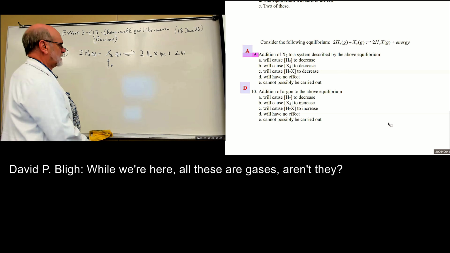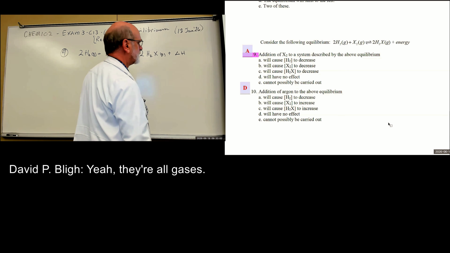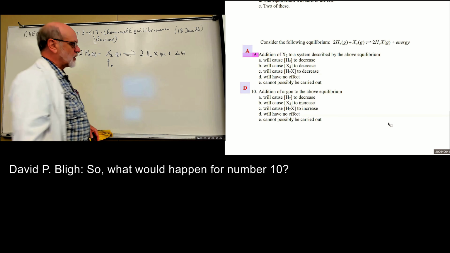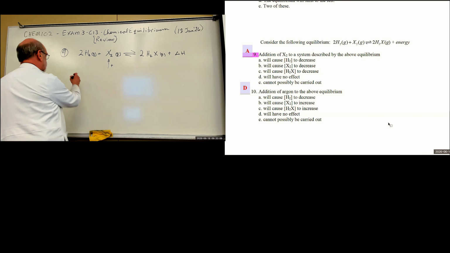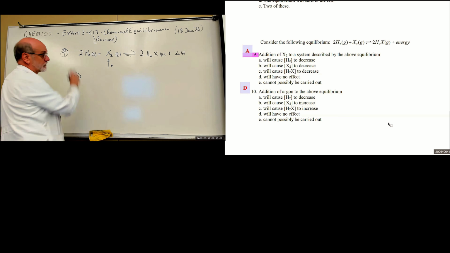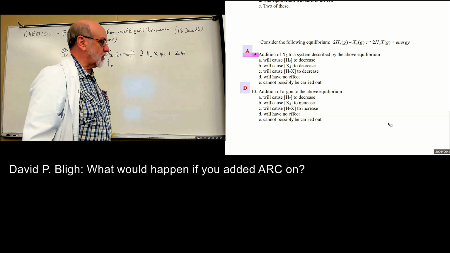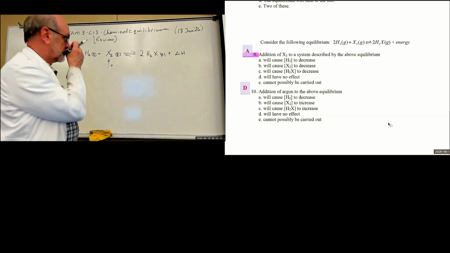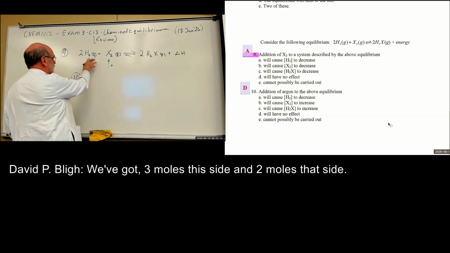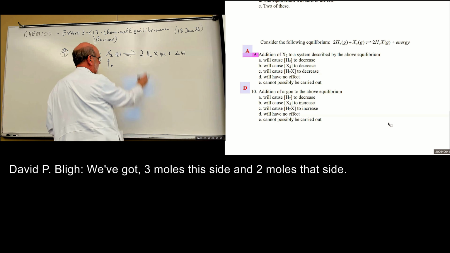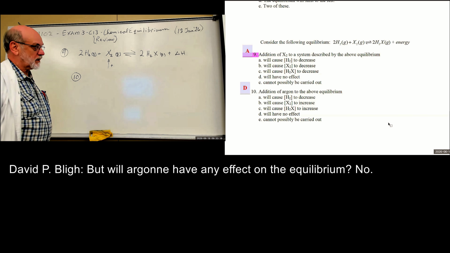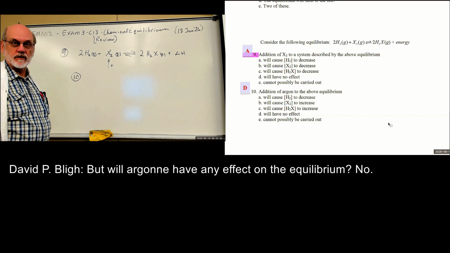Oh, while we're here, all these are gases, aren't they? Yeah, they're all gases. So what would happen for number 10 while we're here? What would happen if you added argon? We got 3 moles this side and 2 moles that side, but will argon have any effect on the equilibrium?